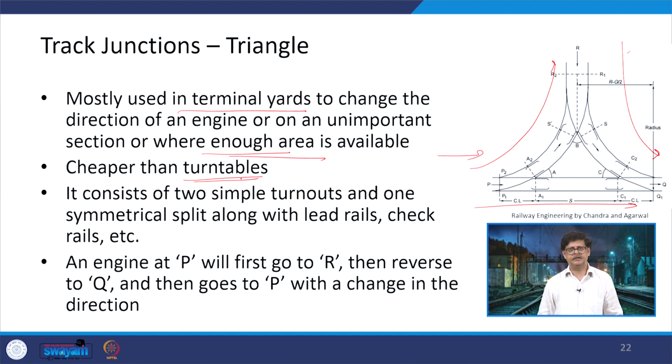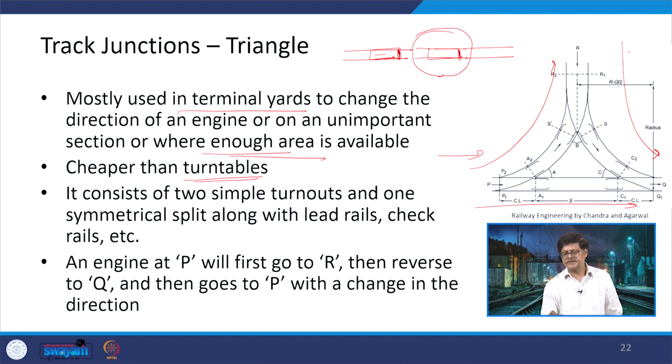Now, what is a turntable? There is a track and here a circular section is provided on which the track is laid, and it can go straight also. The engine, the locomotive, will come on this and it will stand here. So, this is the front side.